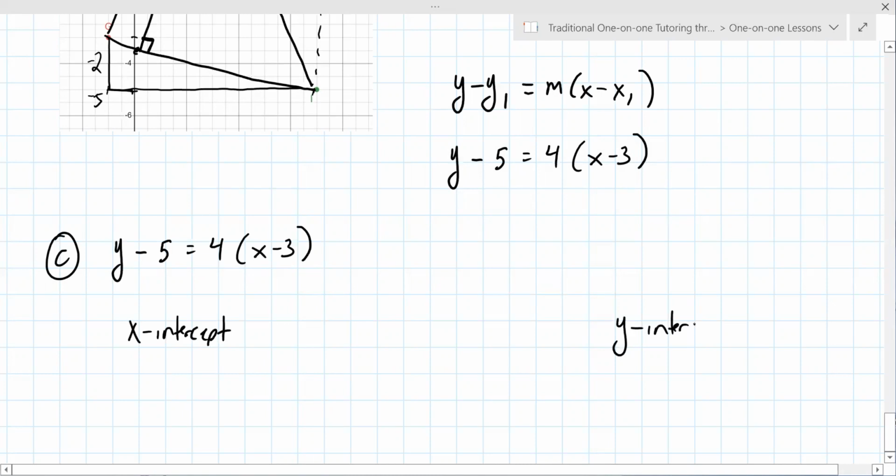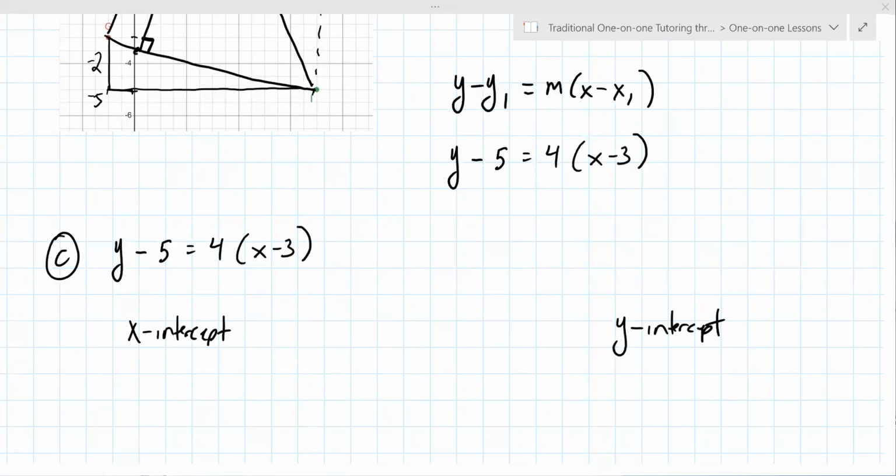X-intercept, then y-intercept. Sounds good. Is x equal 7 over 4?